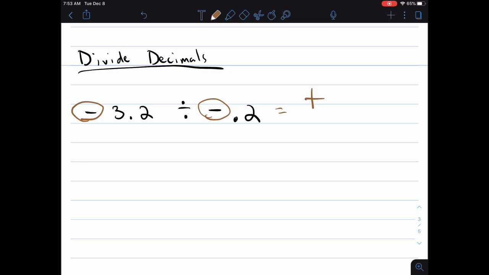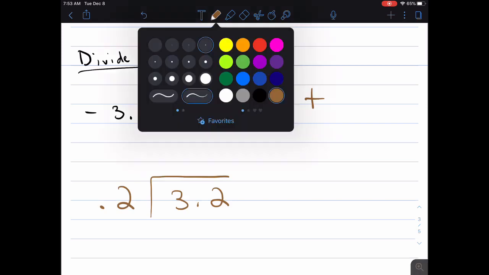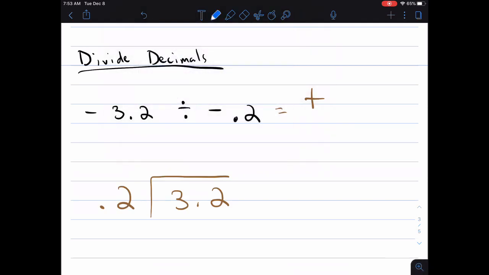And now let's divide. The number on the left, el número a la izquierda goes inside, va adentro, so 3.2 goes inside and 0.2 goes outside. Remember, move the point of the outside, mueven el punto de afuera all the way to the right, hasta la derecha. So I'll move 1 time.